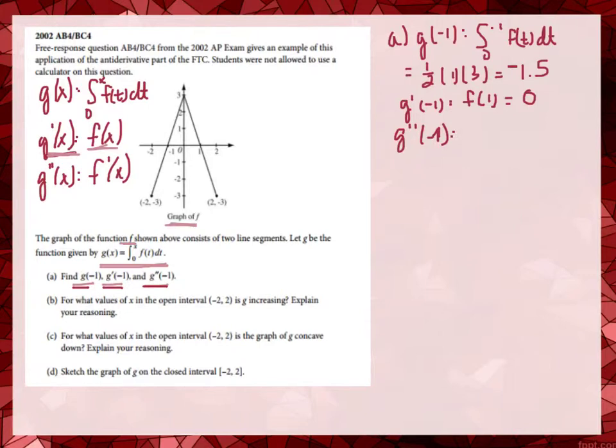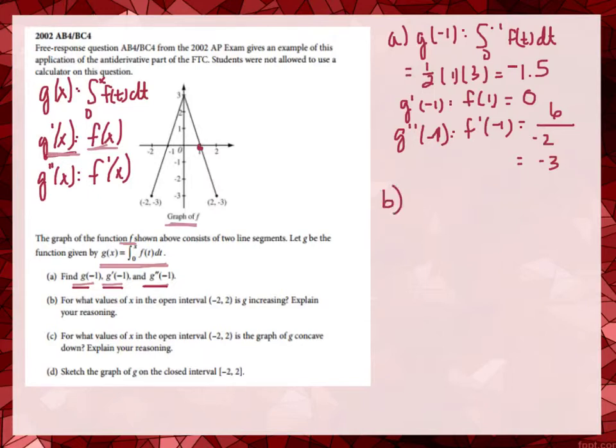But g double prime is f prime of -1. So if I have the graph of f and I want f prime, we'd be looking at the slope. So if I look at the slope here, at -1, if I do my rise and run, this is actually going to go a rise of 6 with a run of -2. So that answer should be -3. So that answers all of A part.